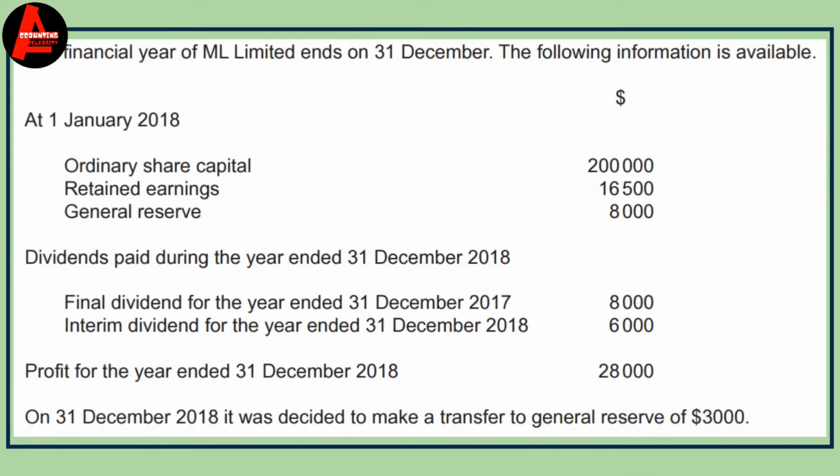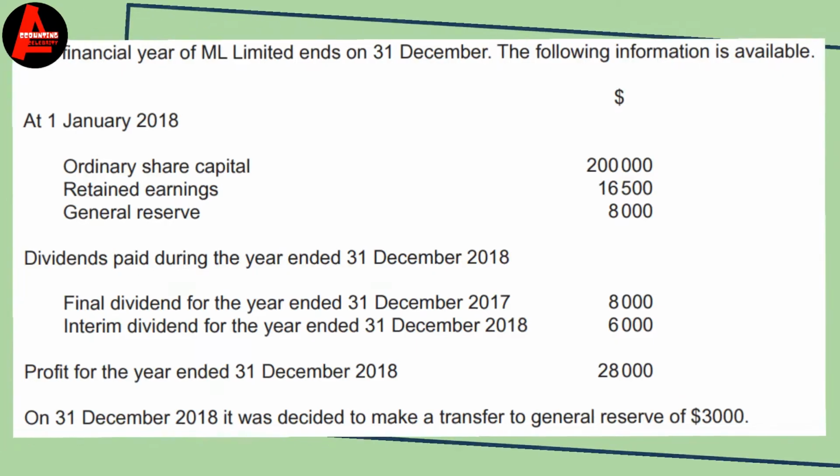Dividends paid during the year ended 31st December 2018: final dividend for the year ended 31st December 2017 is $8,000, and interim dividend for the year ended 31st December 2018 is $6,000. Then profit for the year ended 31st December 2018 is $28,000.